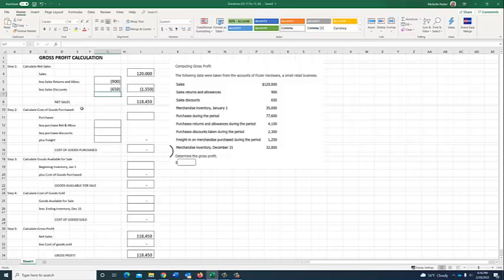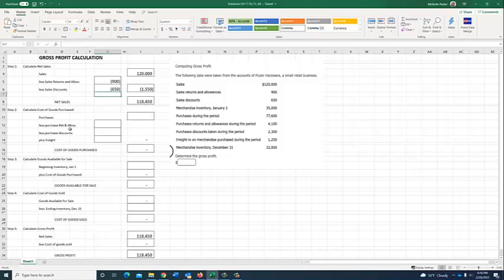Okay, we're going to set aside the sales calculation for a minute, and we're going to take steps to calculate the cost of goods sold, because we need to deduct it from the net sales here. And that will give us our gross profit.